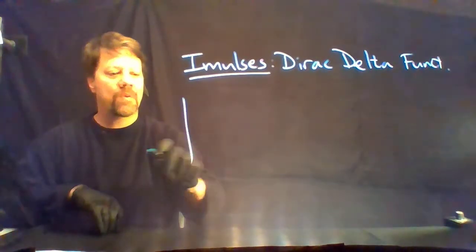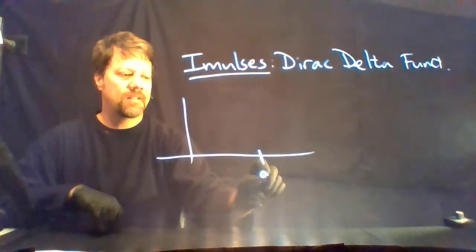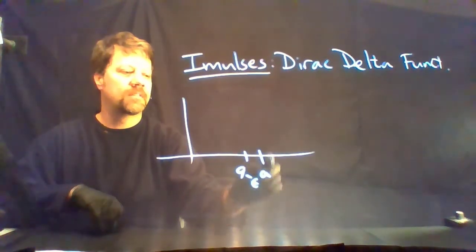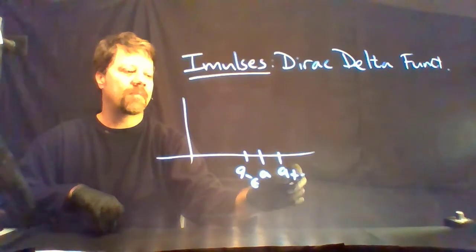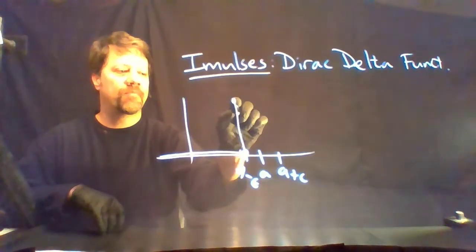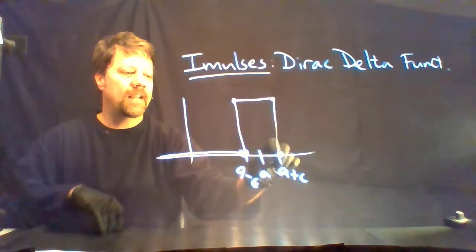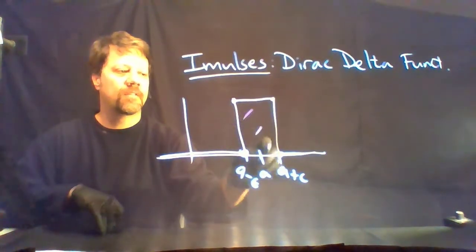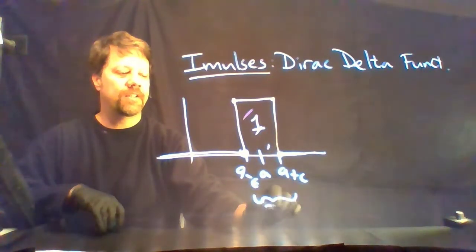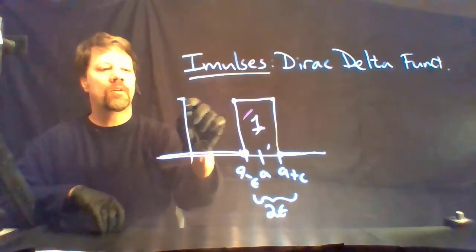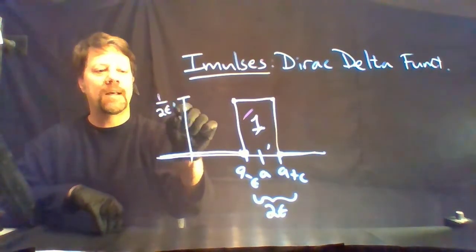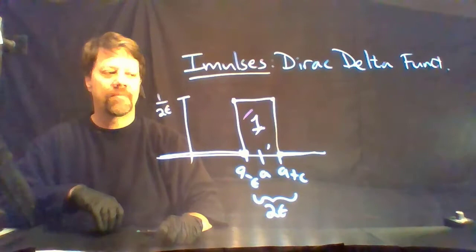Now, suppose we want to model a wave centered at A, starting at A minus epsilon to A plus epsilon, in such a way that the area of this is 1. Notice that the interval here is 2 epsilon wide, which means if we want to get an area of 1, this has to be 1 over 2 epsilon tall.